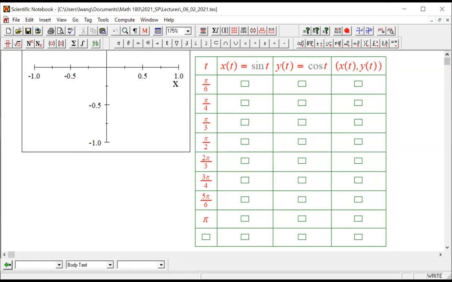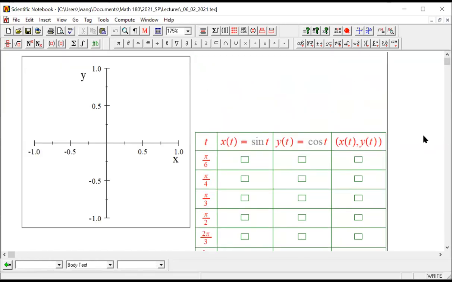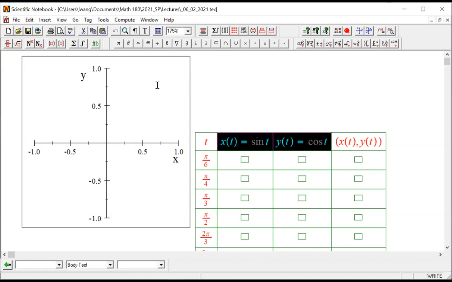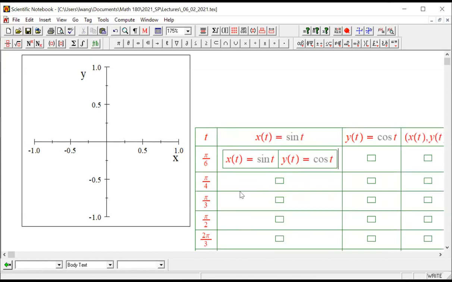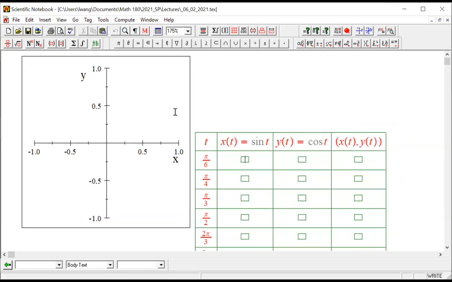So far, just this many points. Did you get a hang of it? I'm just going to reduce this, simplify. So pi over 6.